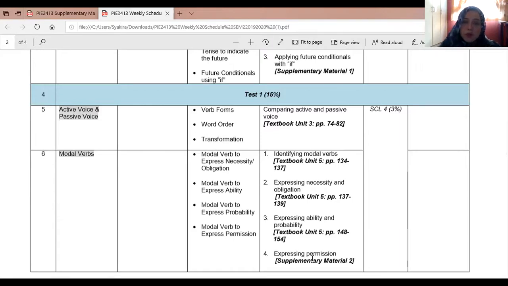If you go to Edmodo and click under the folders tab, you will see a folder called supplementary material. When you open that, you should be able to see these documents uploaded online, so you can use those for your reference. These are the pages that we're going to cover this week.